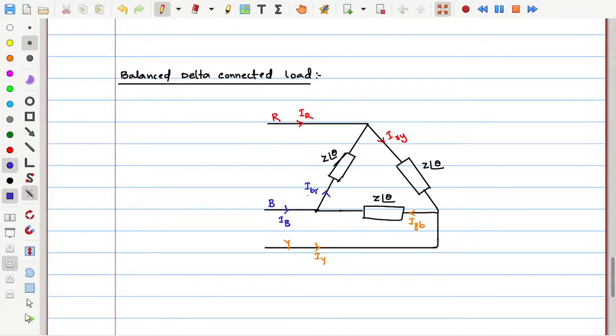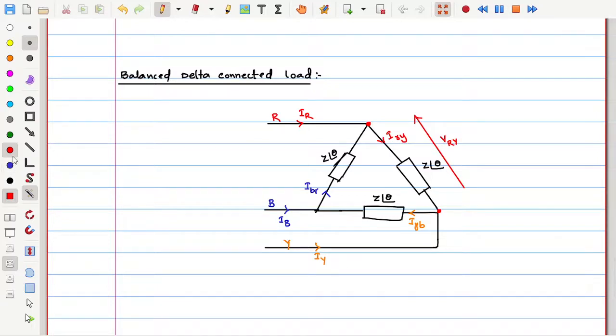Now can we find these line currents in terms of the phase currents? For which we need some additional thing, that just let me indicate the voltages across each of these phases, like R to Y. So let me call this phase voltage as V, let us say VRY.